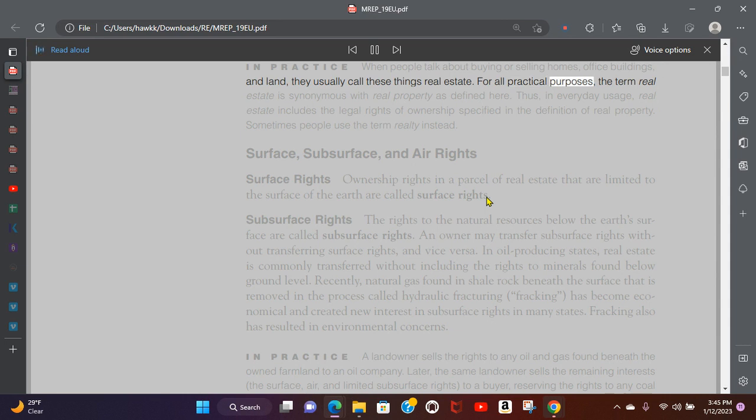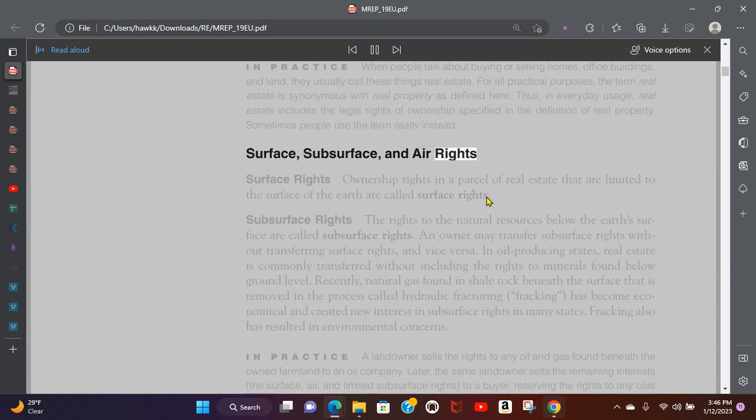For all practical purposes, the term real estate is synonymous with real property as defined here. Thus, in everyday usage, real estate includes the legal rights of ownership specified in the definition of real property. Sometimes people use the term realty instead.